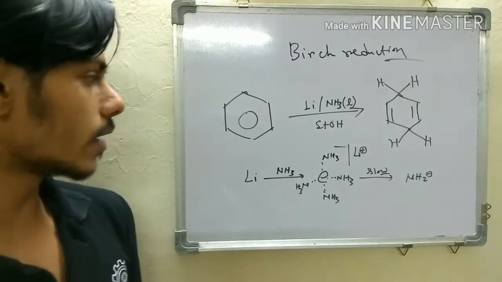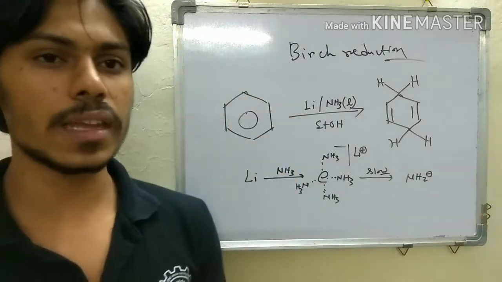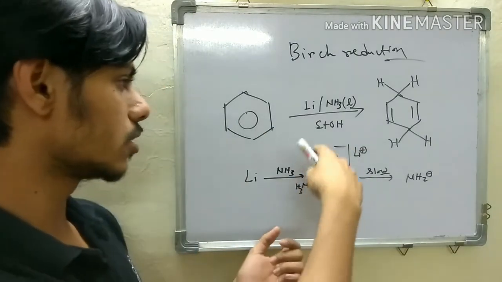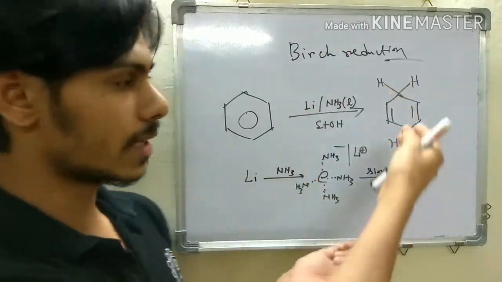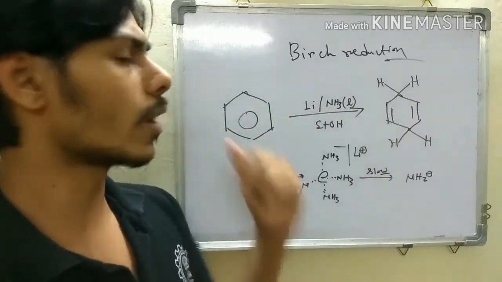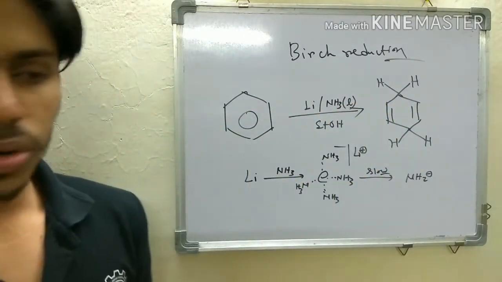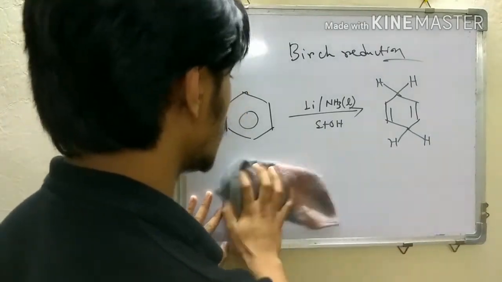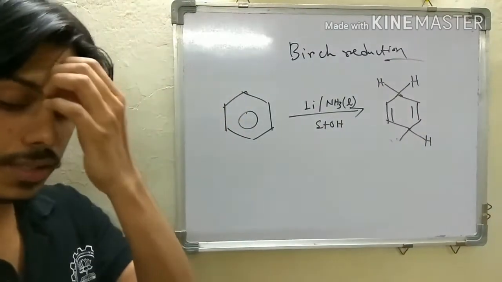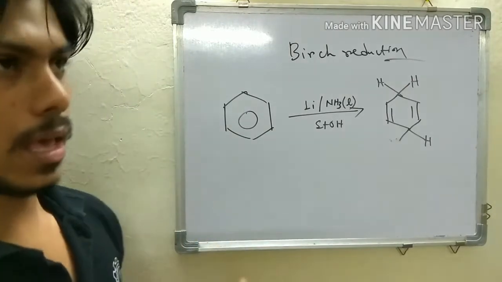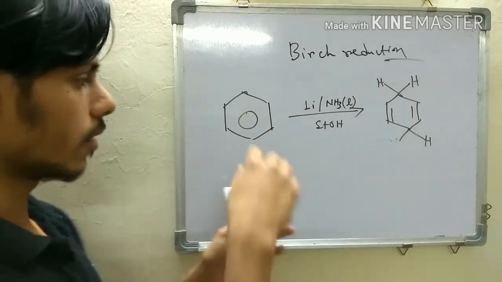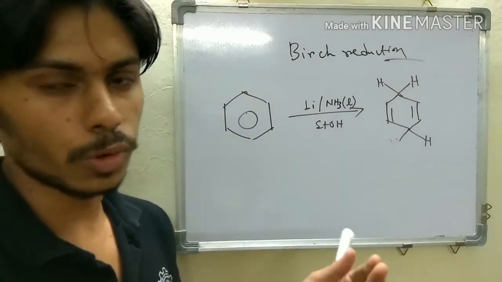Now you may wonder that aromaticity is a very high energy, and why should benzene sacrifice its tremendous energy to reduce to a non-conjugated, non-aromatic compound. Although aromaticity is a very high stabilization energy, you shouldn't forget that benzene, due to this high delocalization, also has a low energy LUMO, right?